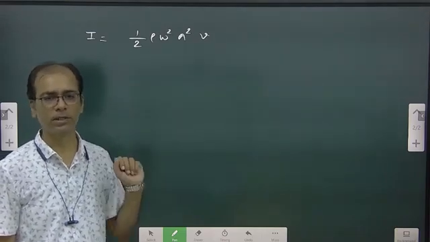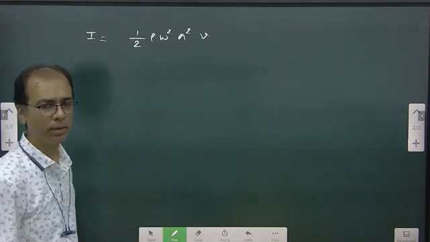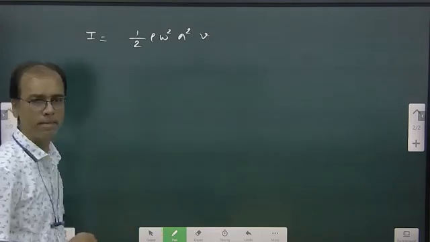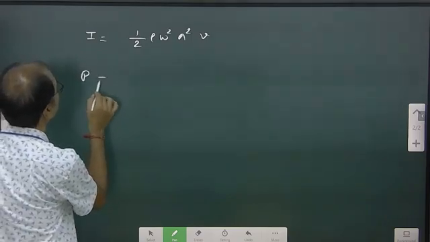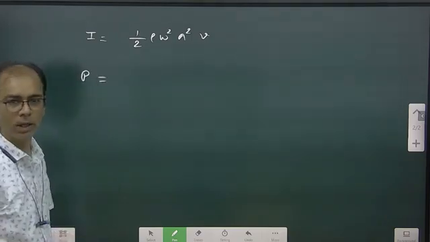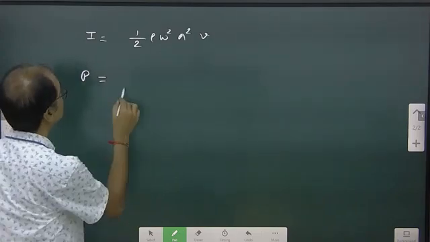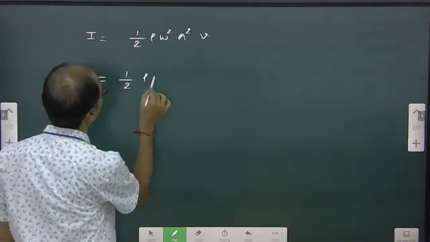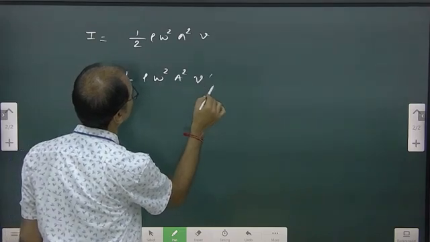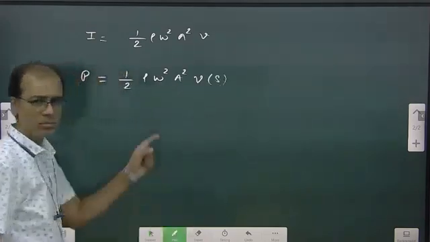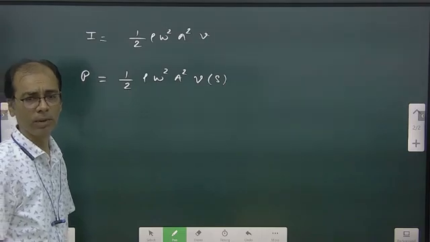Okay, this is intensity. Let's go back to power. What is power? Intensity is power by area, so power is intensity into area. That is half rho omega square a square velocity into s. We took s as area, if you remember.